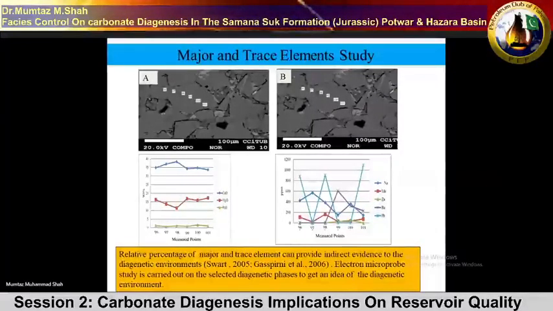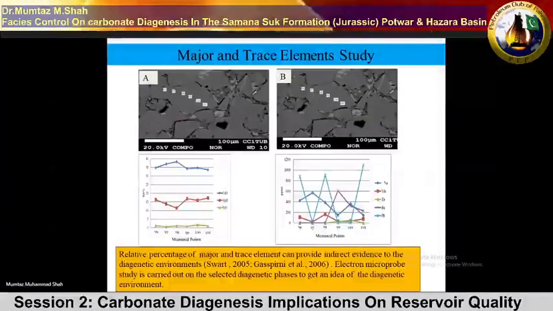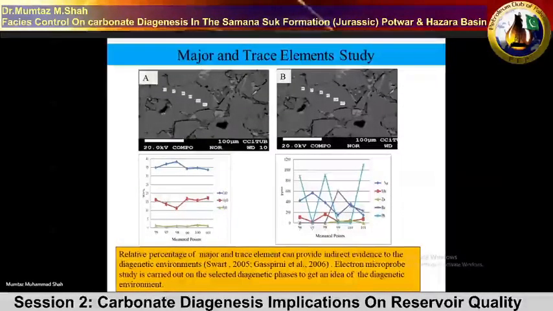Ahmad did this work back in Barcelona, where he had been able to look at various phases and ultimately their corresponding elemental signatures.